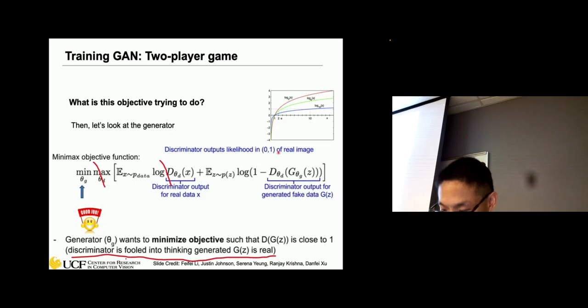It's close to 1, but you can always clip some of the values to avoid negative infinity.